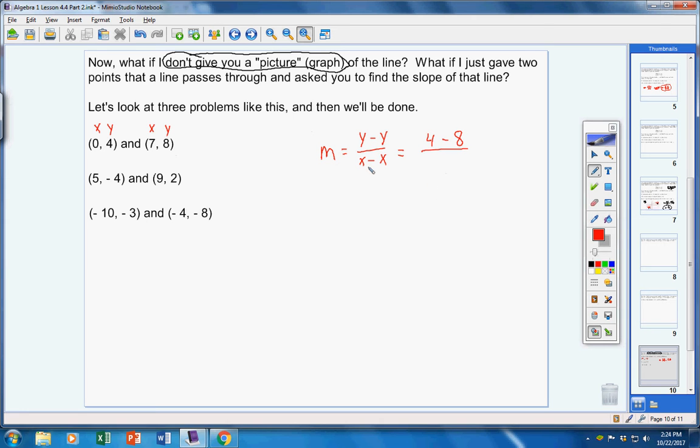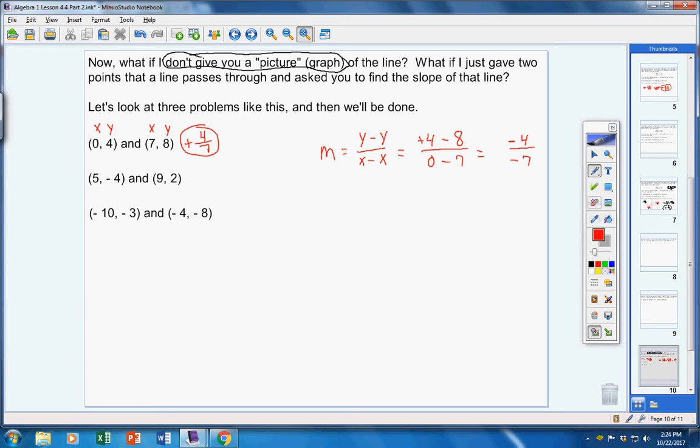My first x is 0, then minus, and my next x is 7. So, 4 minus 8 is negative 4. And then 0 minus 7 is negative 7, and a negative over a negative is positive. And 4 over 7 is 4 sevenths. So there's the slope of that first line.